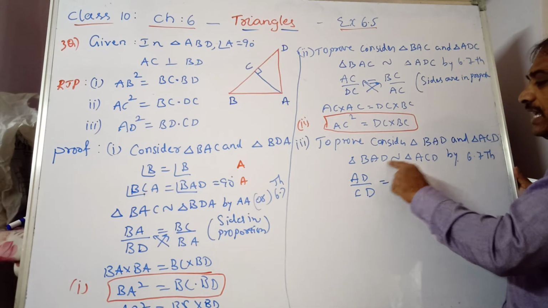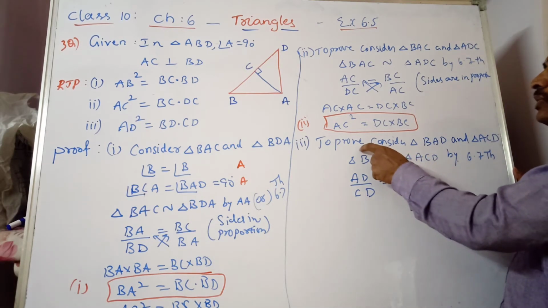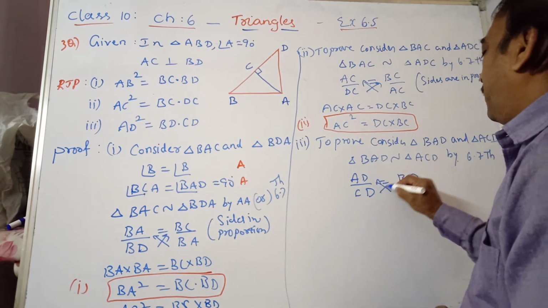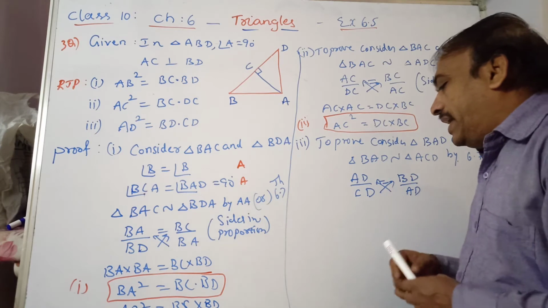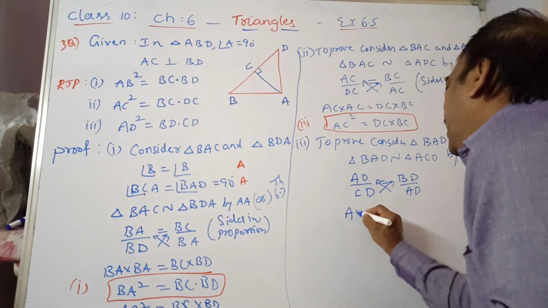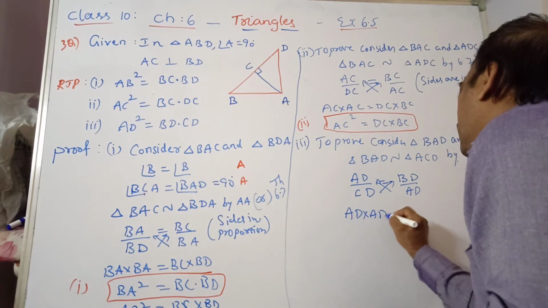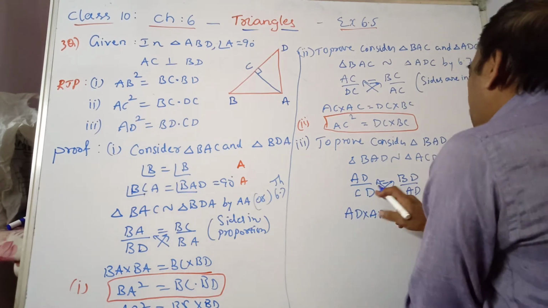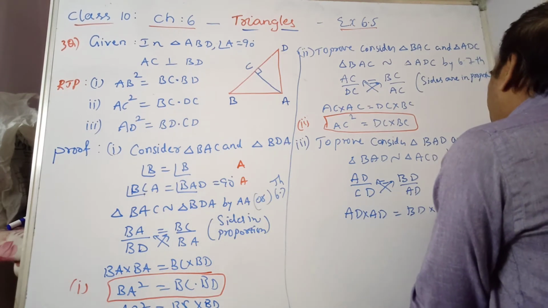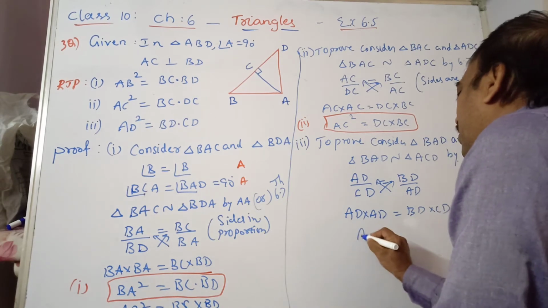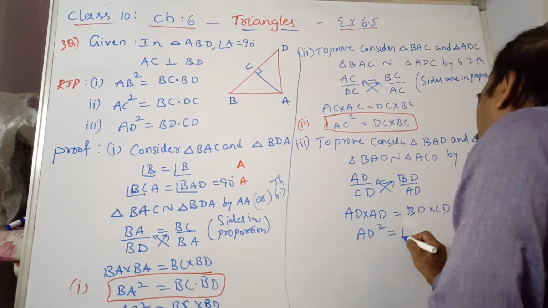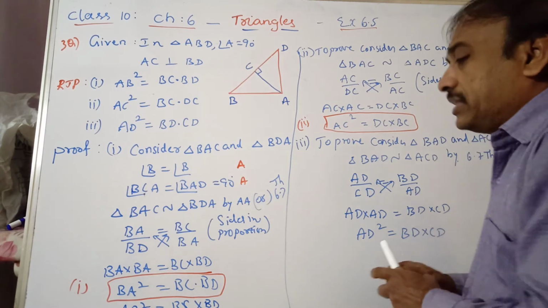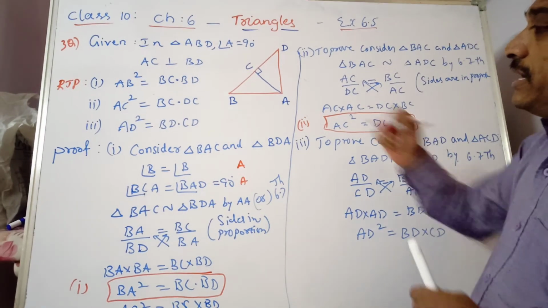So now cross multiplication: AD into AD, that is AD square, is equal to BD into CD. This is the third one that is asked in the question.